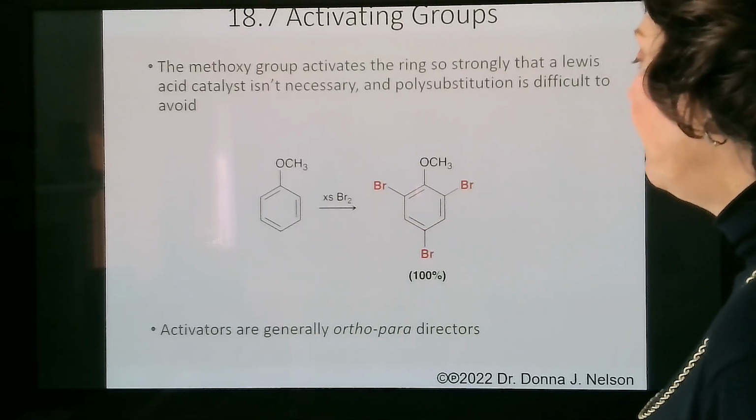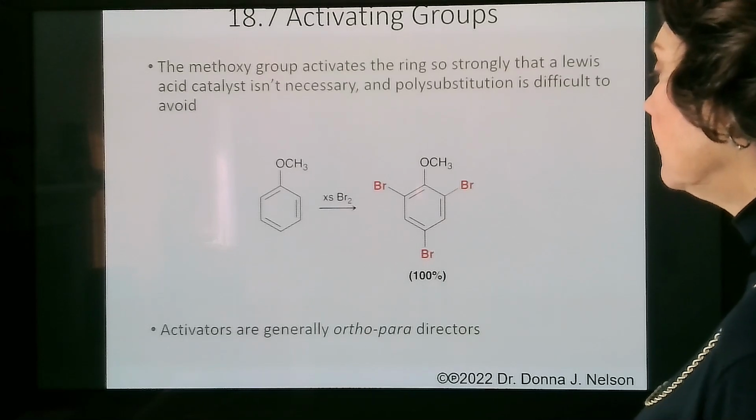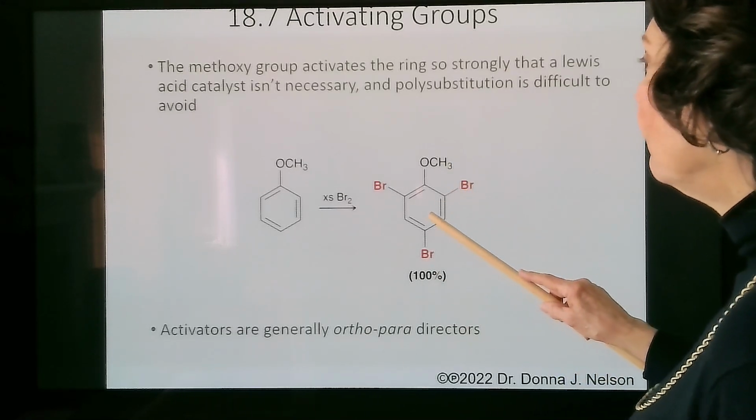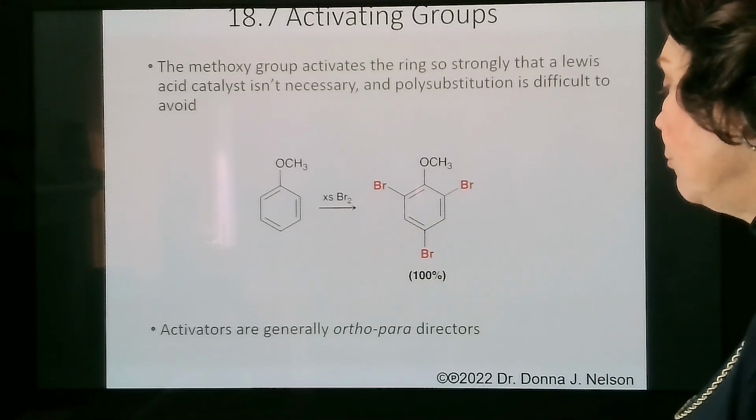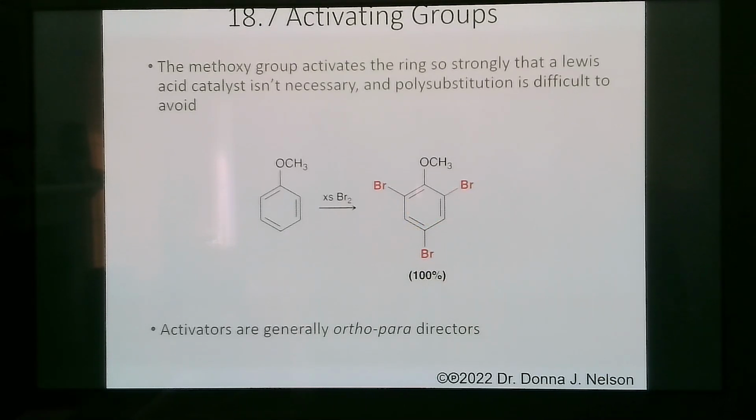So here's the polysubstitution that we were talking about earlier. These activators are generally ortho-para directors, however.